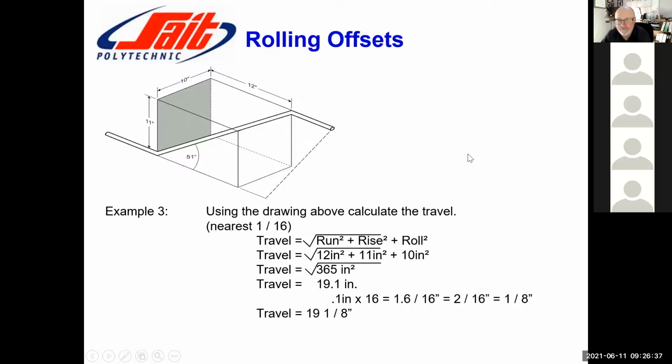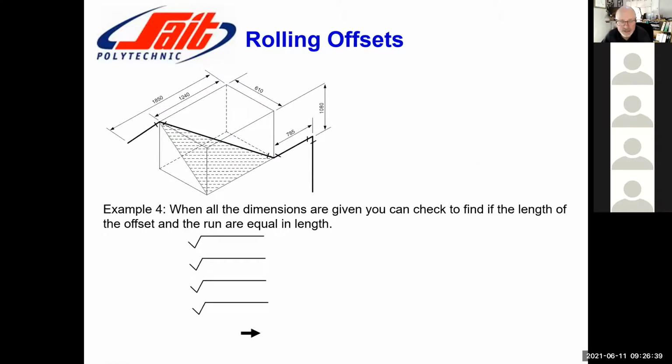Okay. The next one, have a look at this one. We don't know what the angles are here, but did you recall I said earlier, if you don't know what the angle is, and if the run and the offset are equal, then you have 45s.